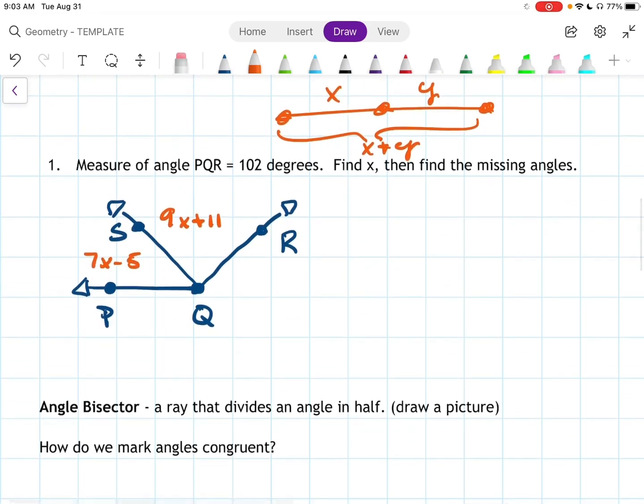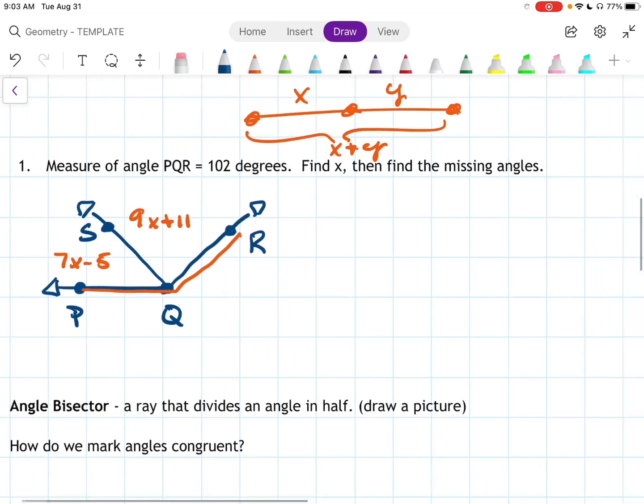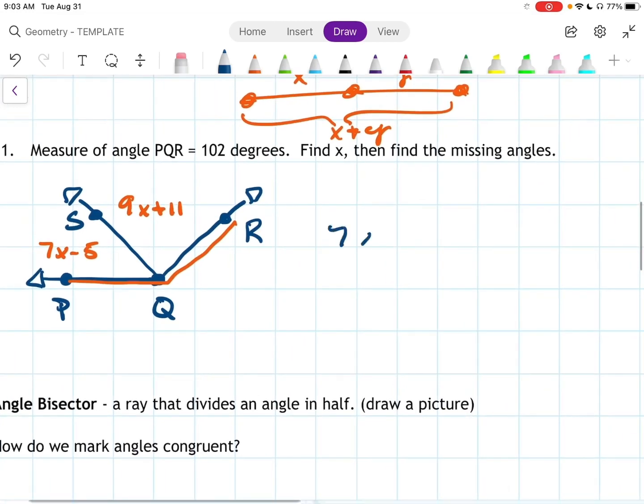Number 1, the measure of PQR, so that whole big angle, is 102. Find x, then find the missing angles. Well, I know that my two angles added together are 102. So 7x minus 5 plus 9x plus 11 is 102. Combining my like terms, 9x and 7x gives me 16x.